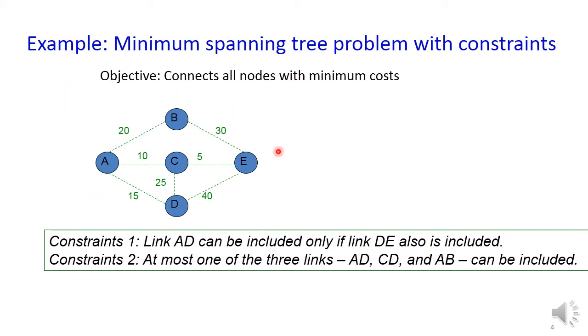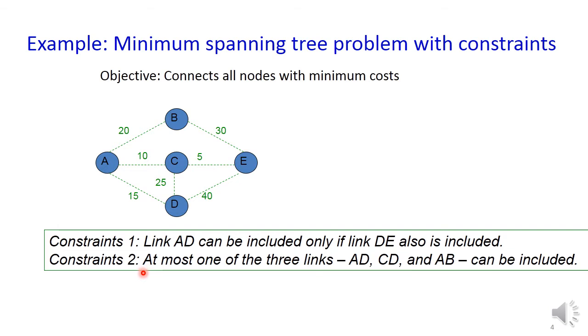Given a graph along with 2 constraints. The first constraint is that link AD can be included only if link DE is also included. So edge AD can be included only if DE can be included. This is the first constraint.